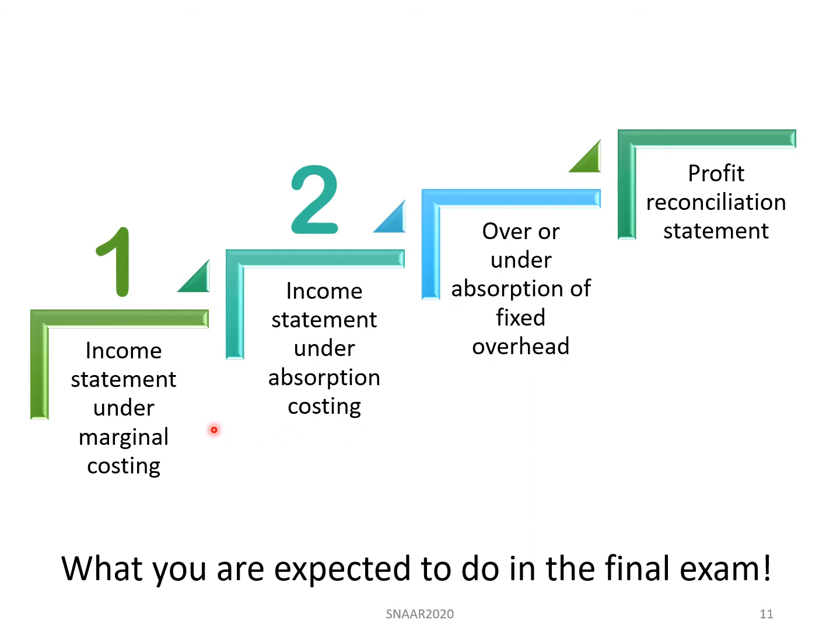And since dua-dua income statement ni profit dia lain, so you kena calculate over or under absorption of fixed overhead, and eventually the last one you kena reconcile the profit statement. So, bila you do this reconciliation, this income statement under marginal, dia akan tally balik dengan the income statement under absorption costing.